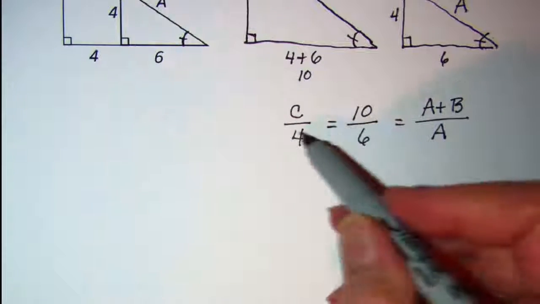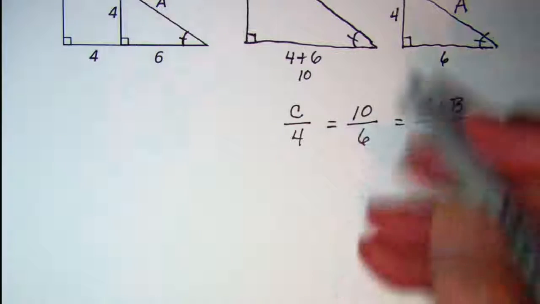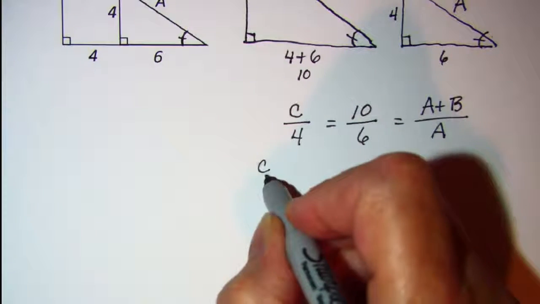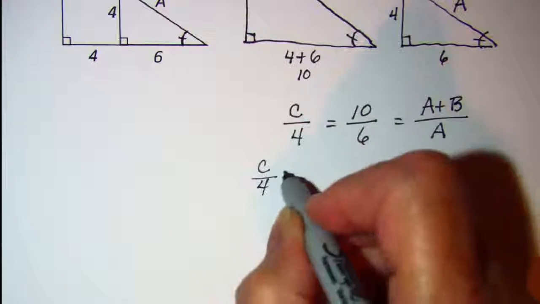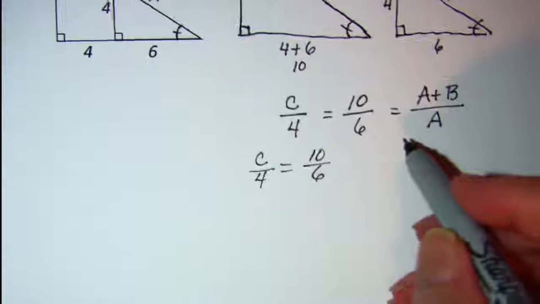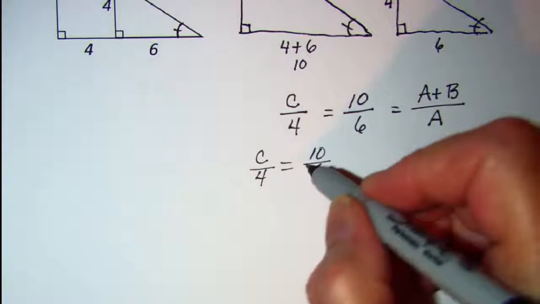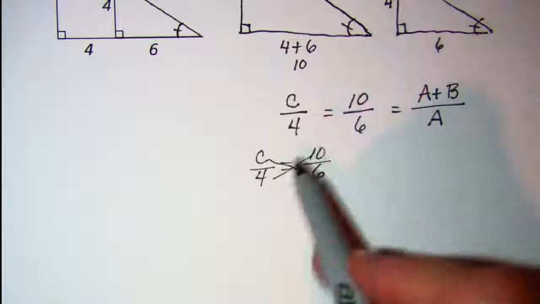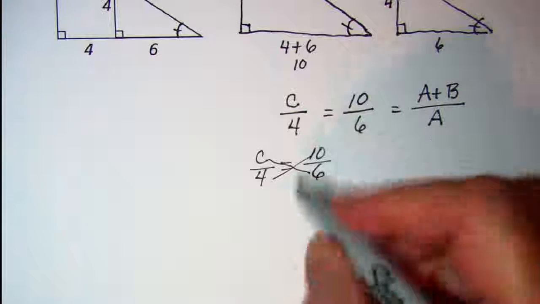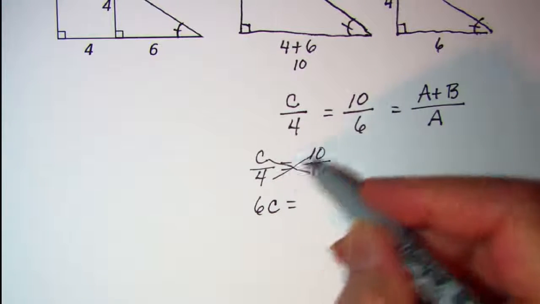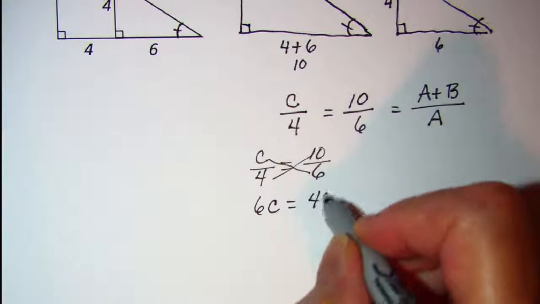Now let's use the two left ratios to solve for C. We have C is to 4 as 10 is to 6. We can cross multiply. So C times 6 is 6C, and 4 times 10 is 40.